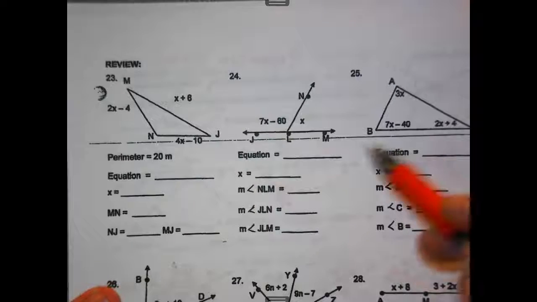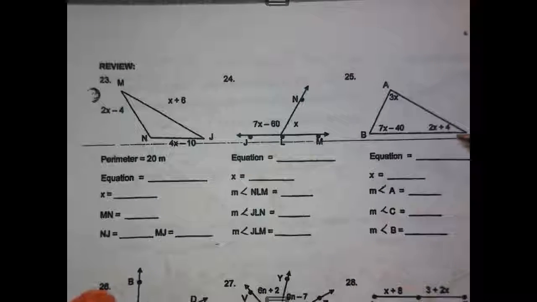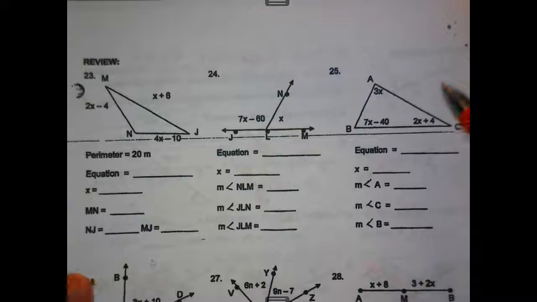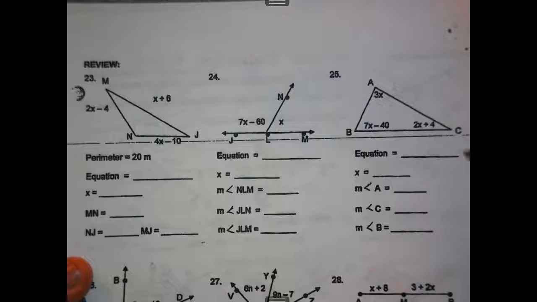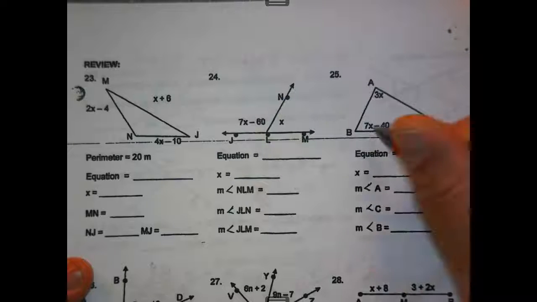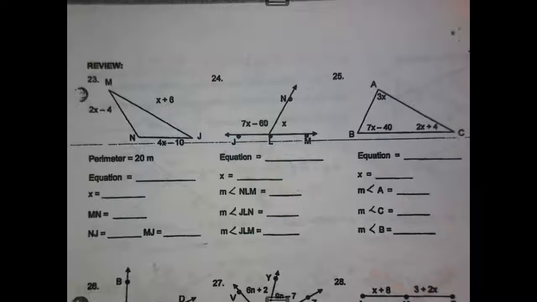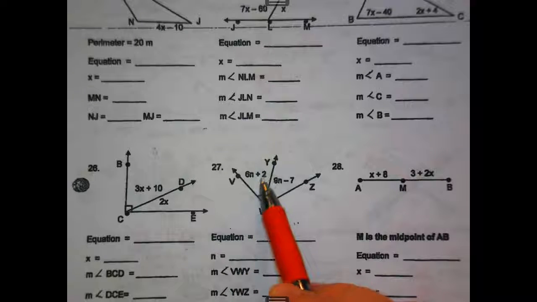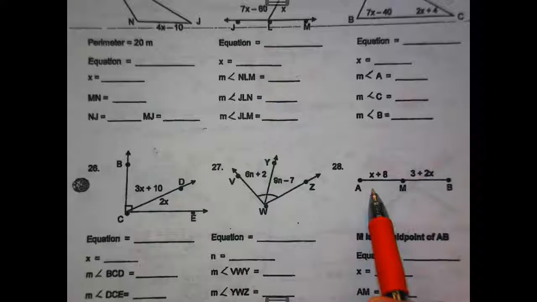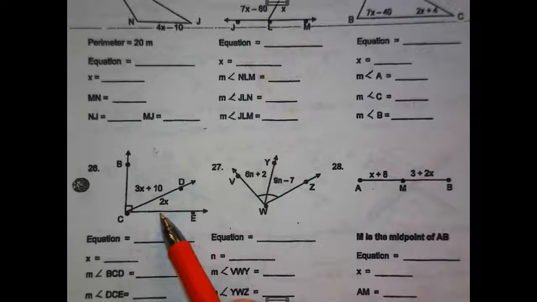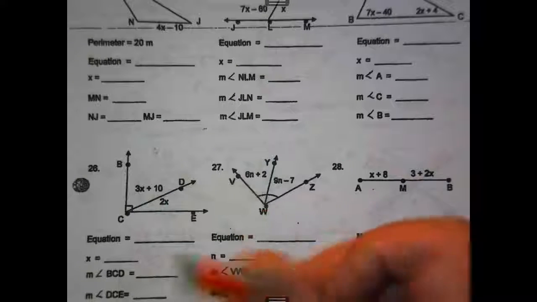Remember the perimeter, add up all the sides. And the interior angles of a triangle add up to equal what? 180. This is review. This is the new stuff. Angle bisector, line segments. This is a right angle. These add up to what? 90. Good. Complementary.